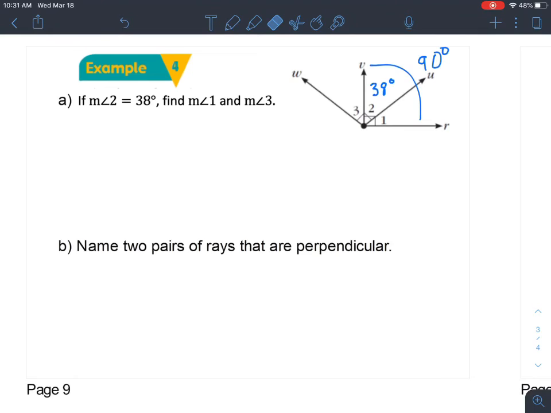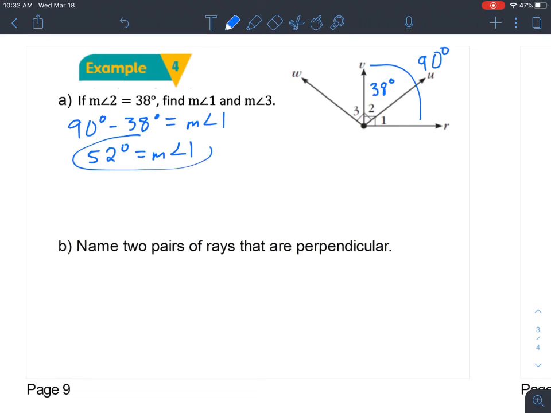To find angle 1 then, it's just going to be 90 minus 38. And then if we simplify that, that is going to get us 52 degrees for angle 1.